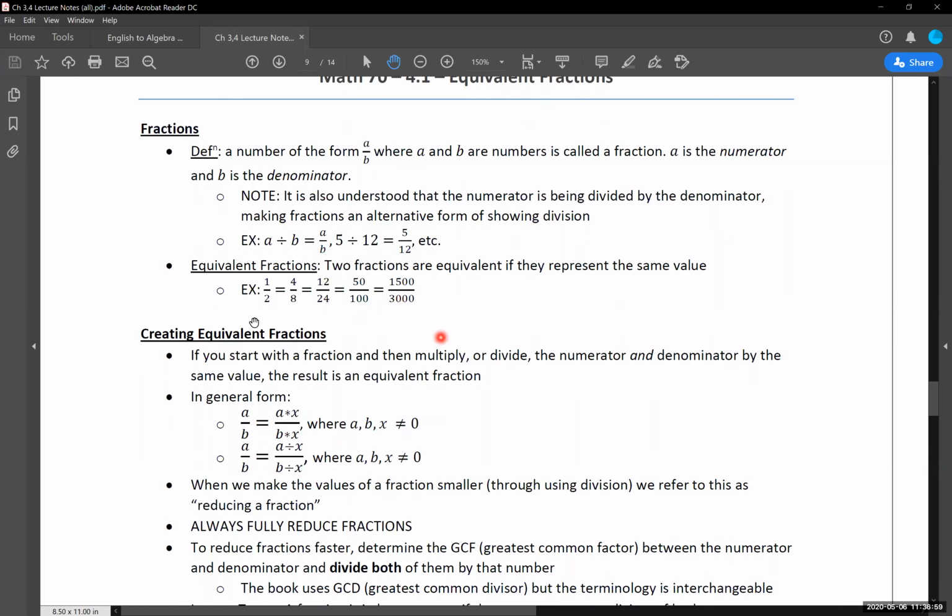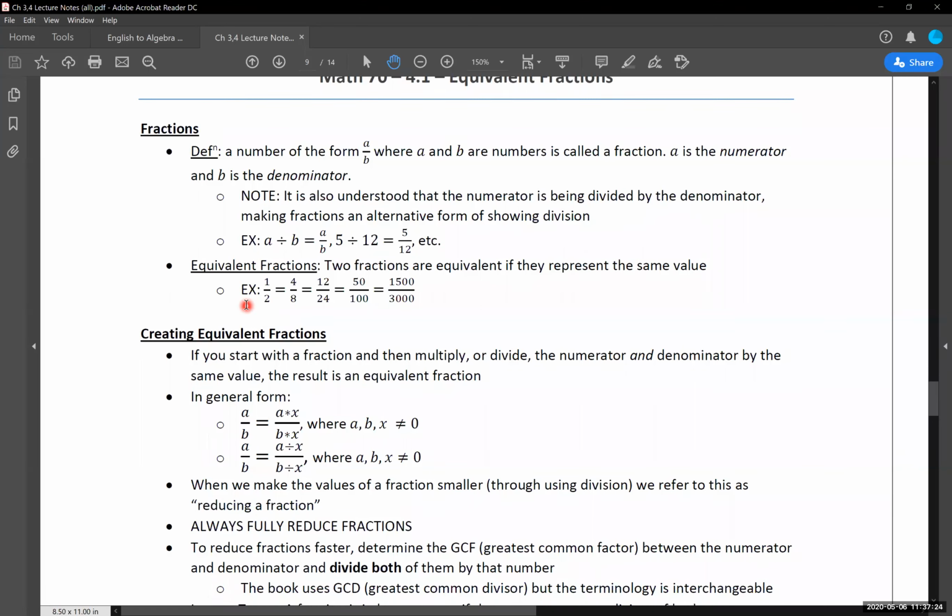The last one that we have here is our idea of equivalent fractions. Our definition: two fractions are equivalent if they represent the same value. Equivalent just means different ways of writing the exact same thing, the exact same meaning. I think one of the most straightforward examples is using 1/2. 1 over 2 is the fully reduced version of this fraction.